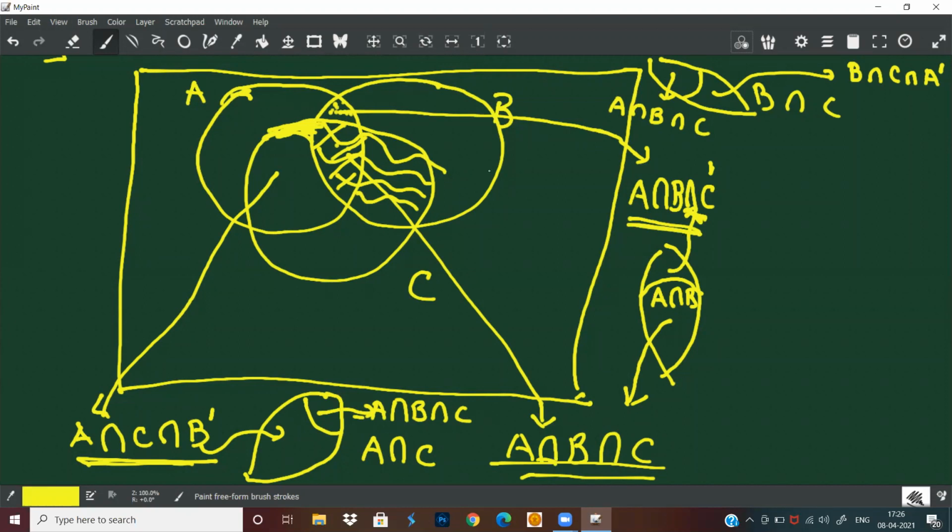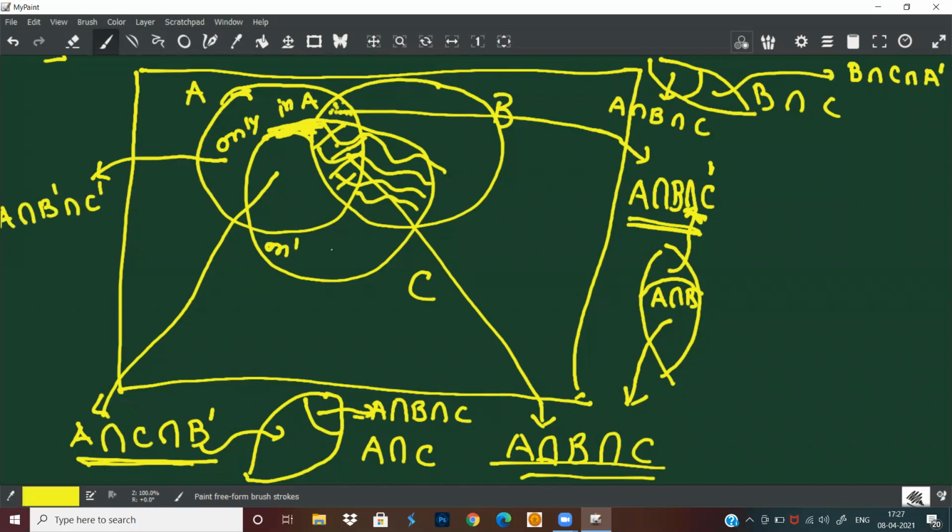Abhi, what is this part? Tell me. Yeah. This is only in A. मतलब A में है, B में नहीं है, C में नहीं है. मतलब अपने language में कैसे लिखना? It is there in A and not in B and not in C. Understood? ये क्या है?